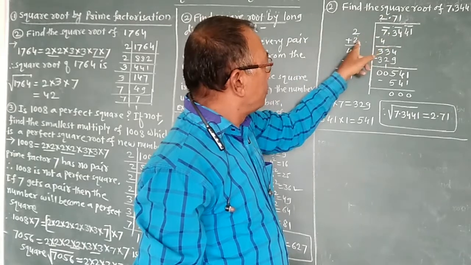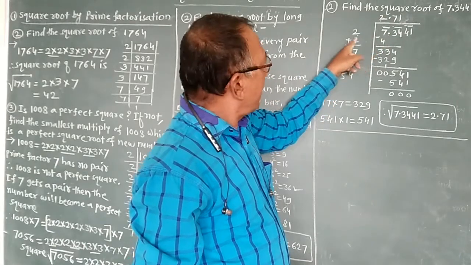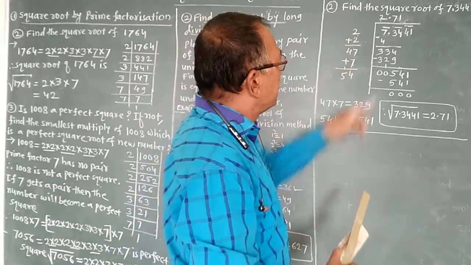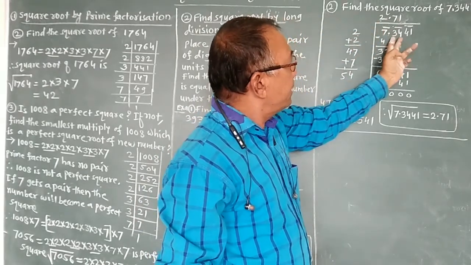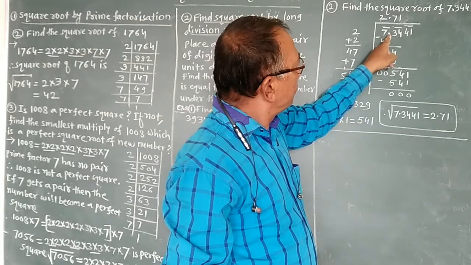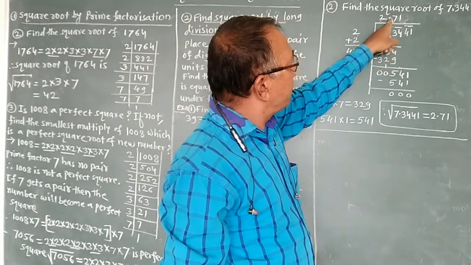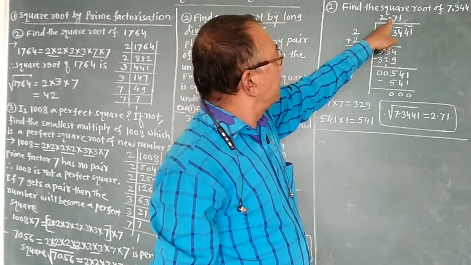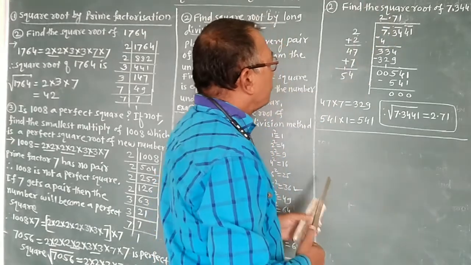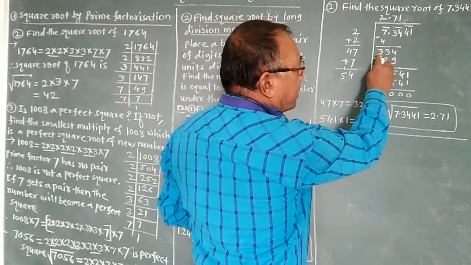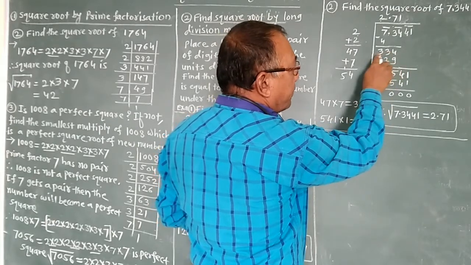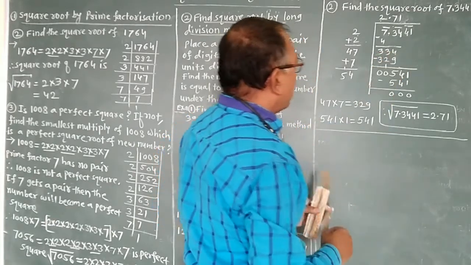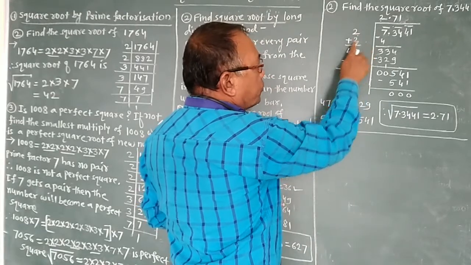Now take 2 and add, it becomes 4. Here 7 minus 4 is 3. Before taking the next pair, we write the decimal point in the quotient. Now the number we have to divide is 334.